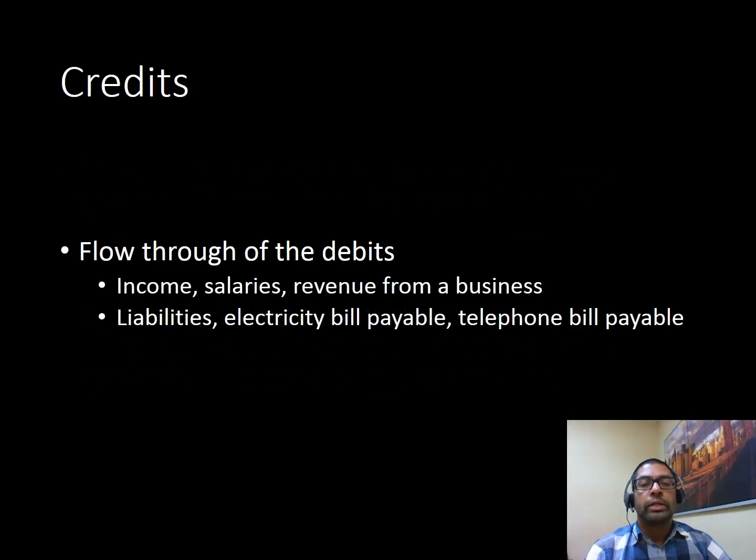All right, so this is the credit column we are going to explain to you. The credit column is a flow through of the debit transaction. Once you record the debit transaction properly, the credit side of the entry is a flow through from the debit.